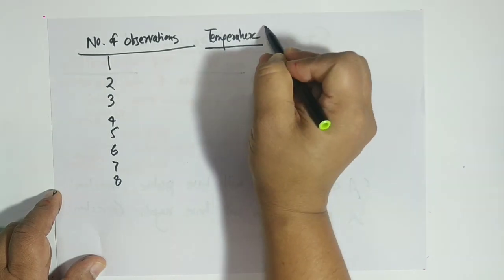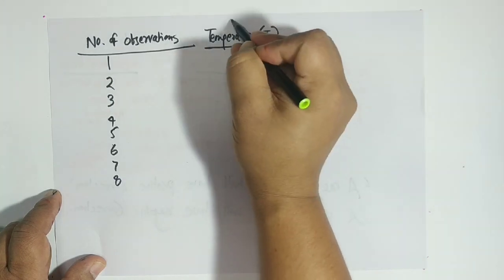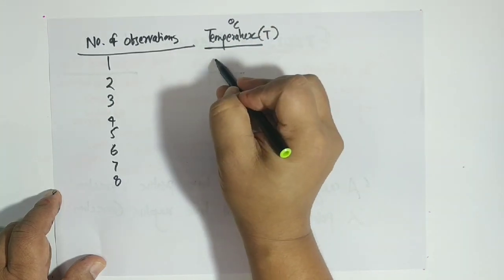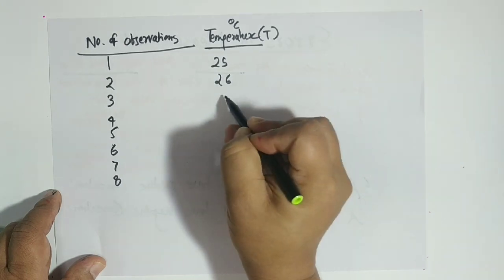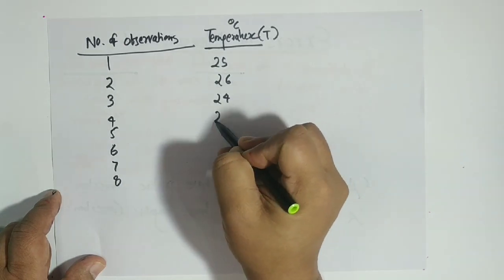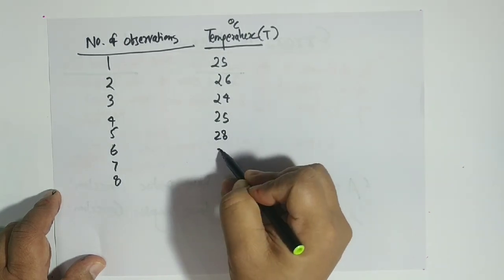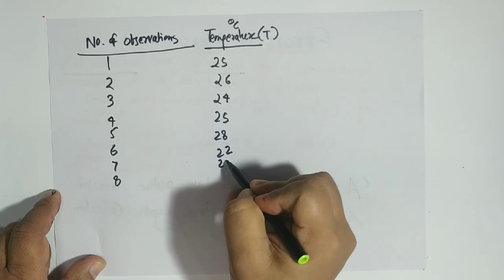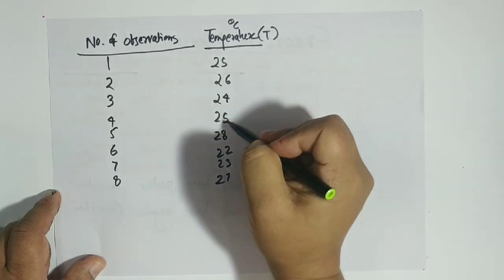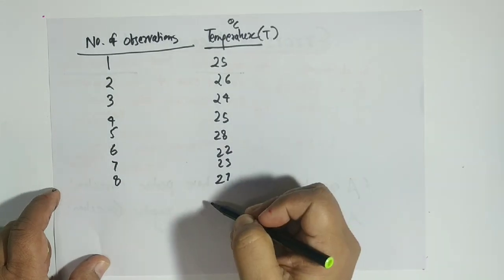I'm giving you a very simple example. The temperature is in degrees Celsius, and the values are 25, 26, 24, 25, 28, 22, 23, and 27. So you have taken 8 values here.